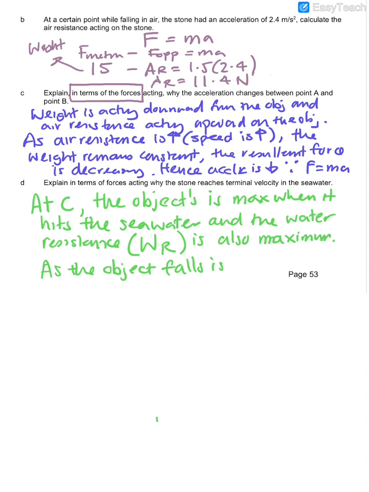So as the object falls in the seawater, the speed is decreasing.